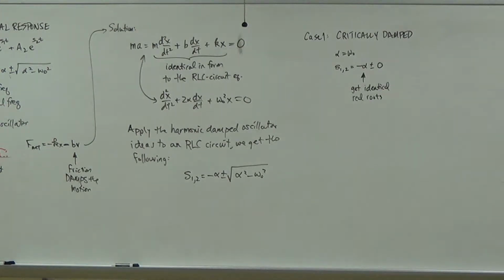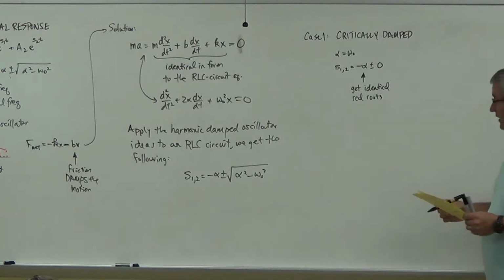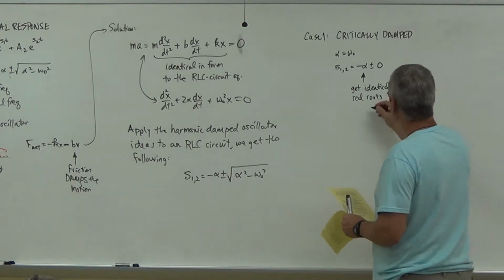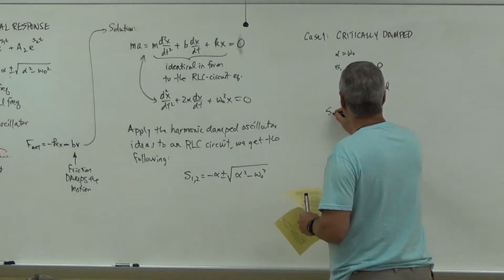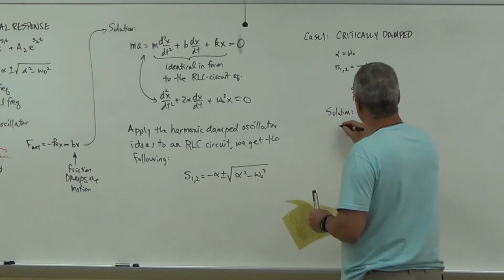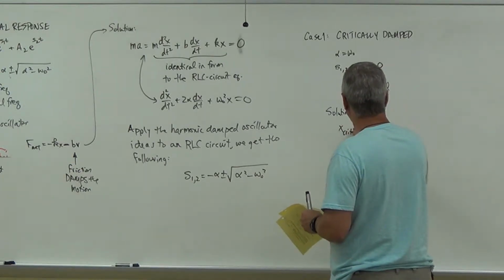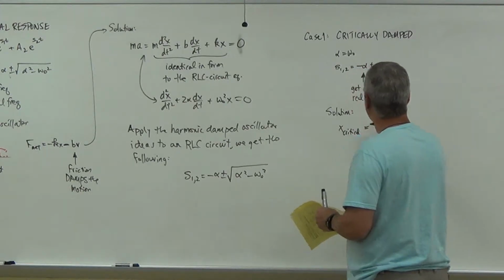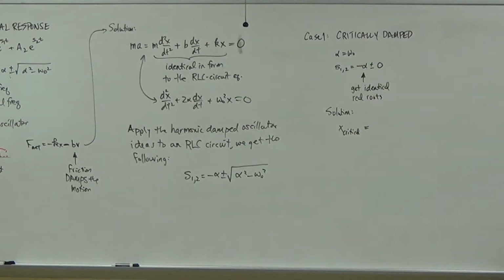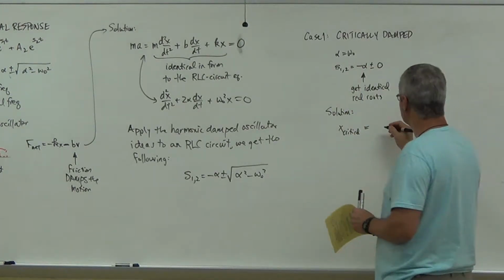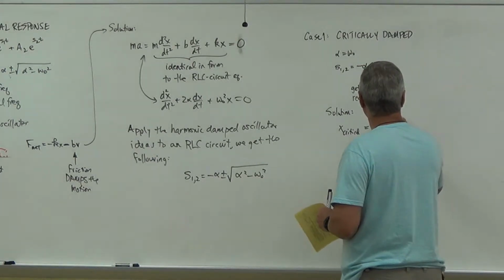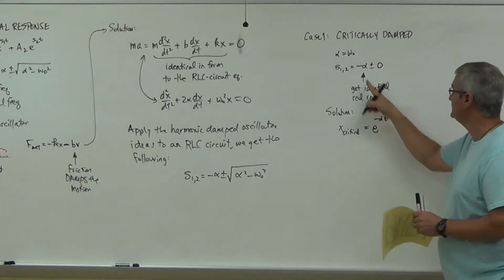So the only way you can have that is if, and as you may remember, if I have a critical thing where I have identical real roots, then there's no choice. The solution's real obvious. It says e to the minus alpha t, right? Alpha's the same.